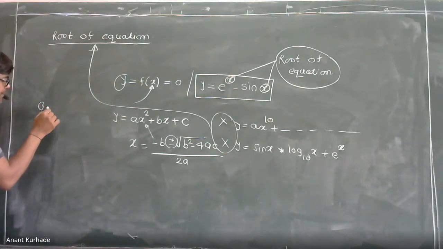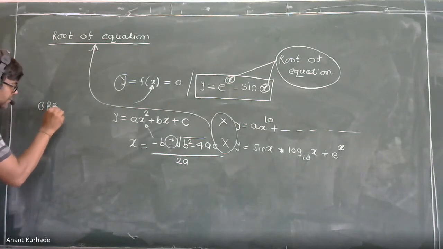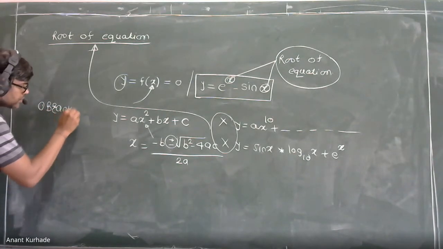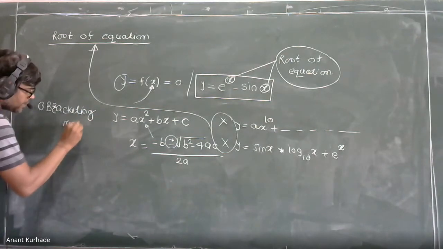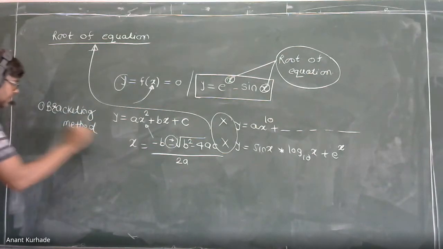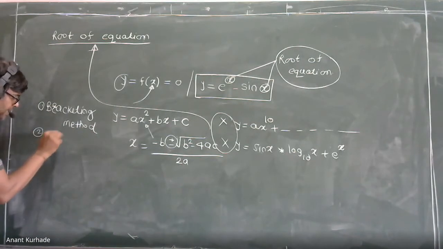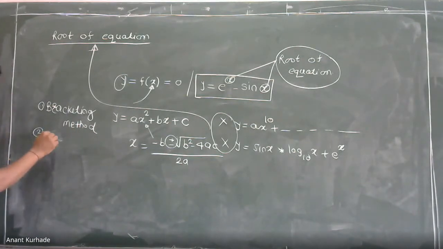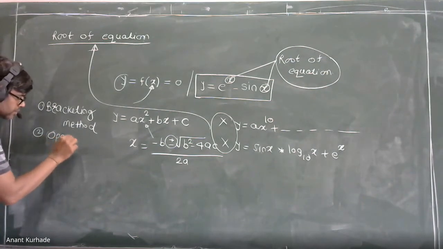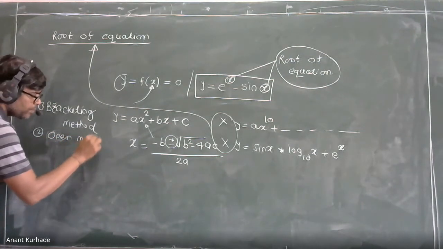One is the bracketing method, and the second important one is the open method.